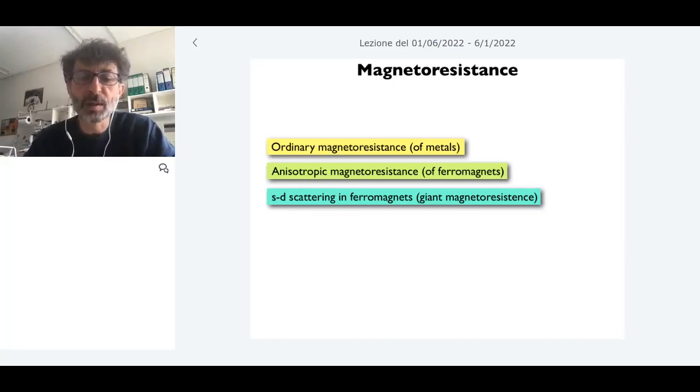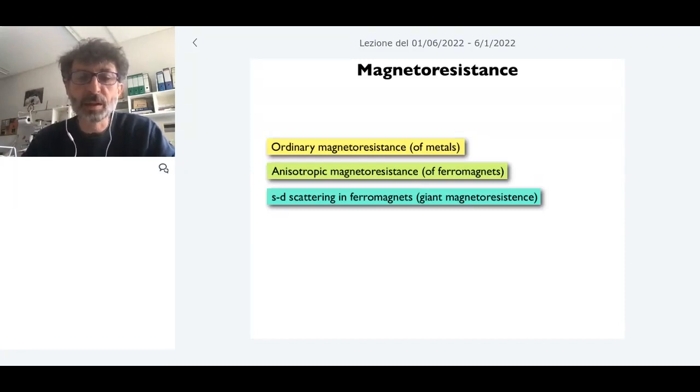Anisotropic means essentially that now you have to specify the direction of the current and the direction of the magnetization, while for the ordinary one, you also have the direction of the field. But we will see that in the first approximation, the resistance depends only on the amplitude of the field. And then we will see exceptions to this.